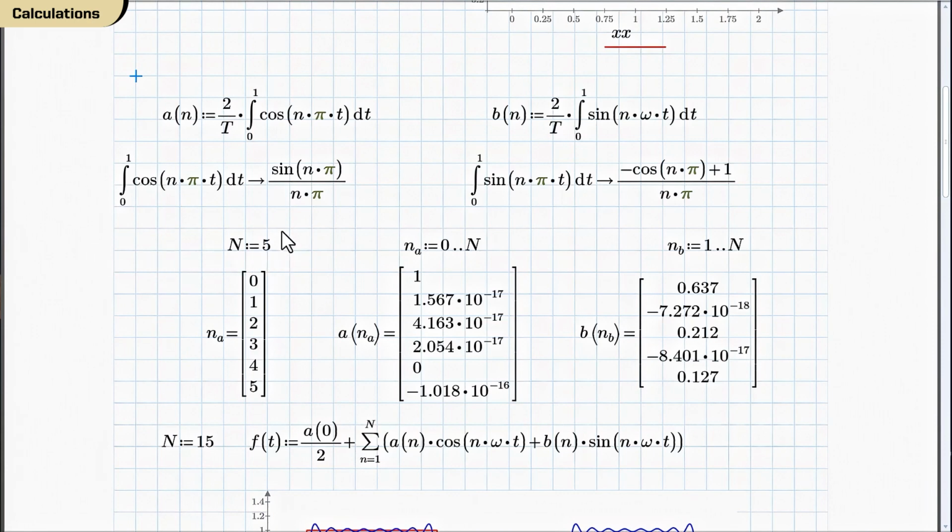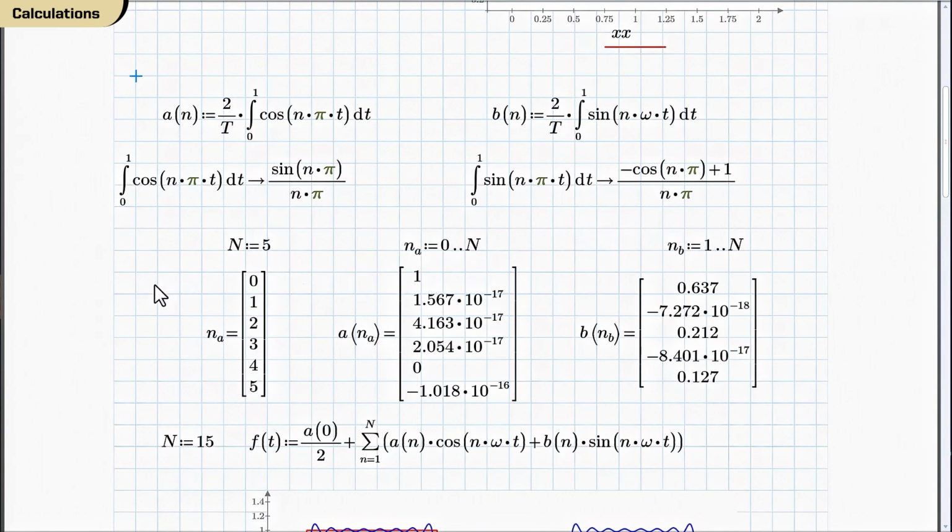Now here I said capital N equals 5, which is saying I want the highest index of my terms to be 5. I want basically a 5-term series. So I just defined NA to go from 0 to capital N and NB to go from 1 to capital N. The reason I went from 0 to N here and 1 to N there is because there is an A0 term. In fact, you can see it right there.